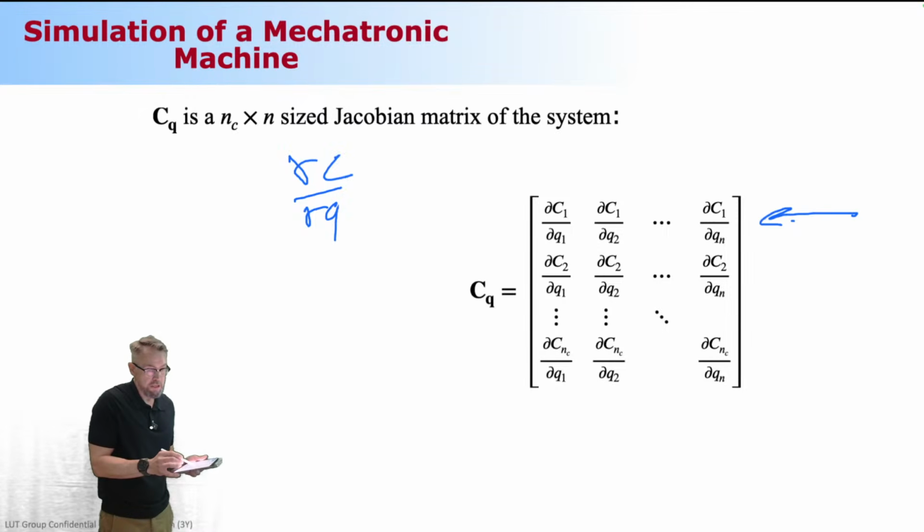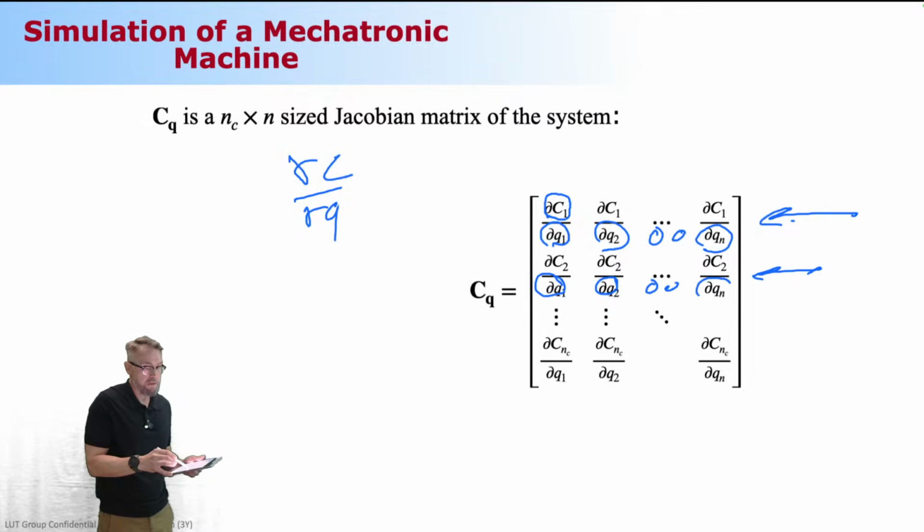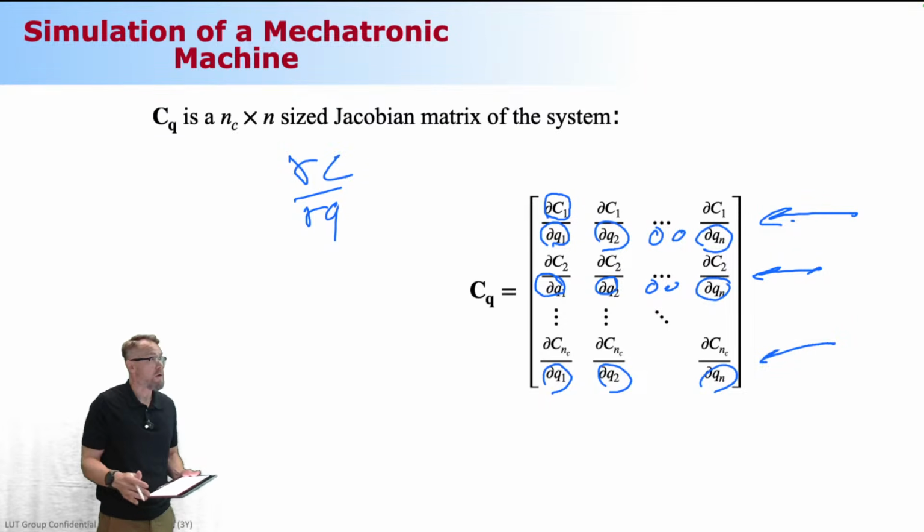The first row consists of partial differentiation of the first constraint equation with respect to all the generalized coordinates: first one, second, third, and so on until the last one. The second row consists of the second constraint equation, differentiated the same way. And this is the last constraint equation, the same thing, differentiation after differentiation. So an awful lot of partial differentiation, but nothing but partial differentiation. Makes sense?